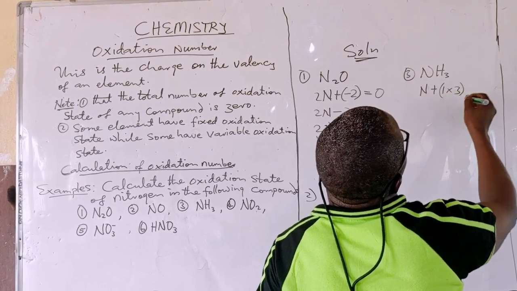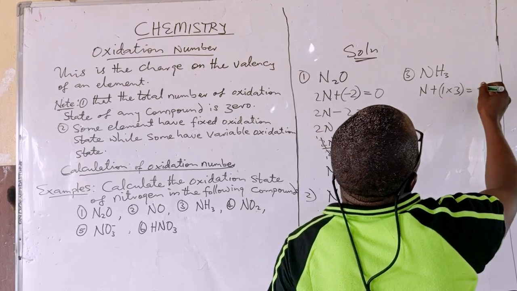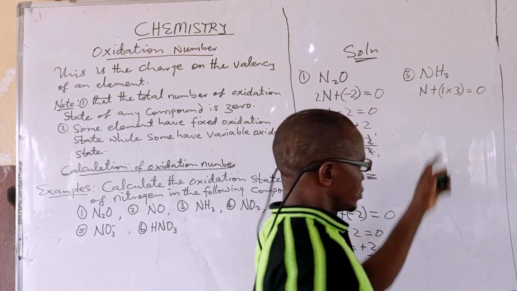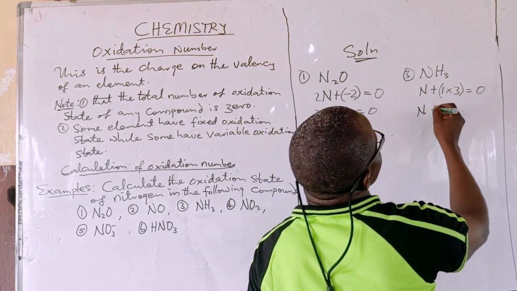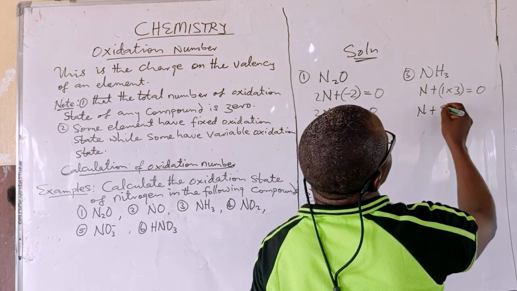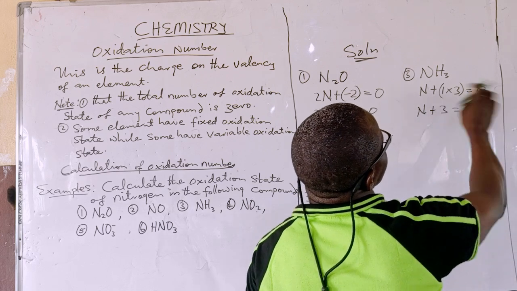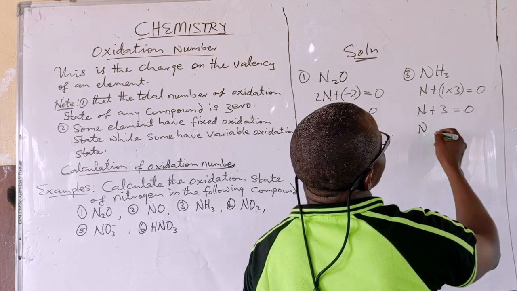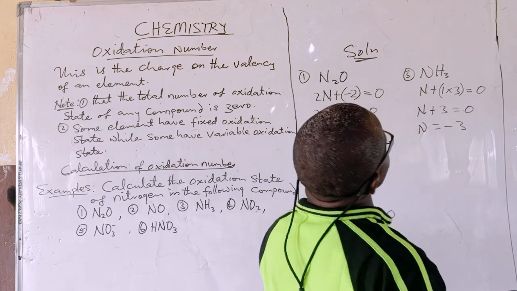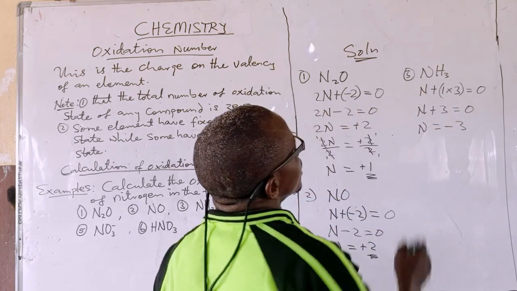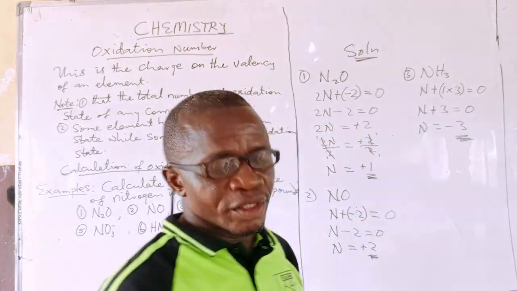So multiply by 3. Equate it to 0 since there is no plus, no minus. Now multiply this out and you have N plus 3 equal to 0. Take this to this side, you now have N to be minus 3. So the oxidation number of N in this compound is minus 3. Okay?